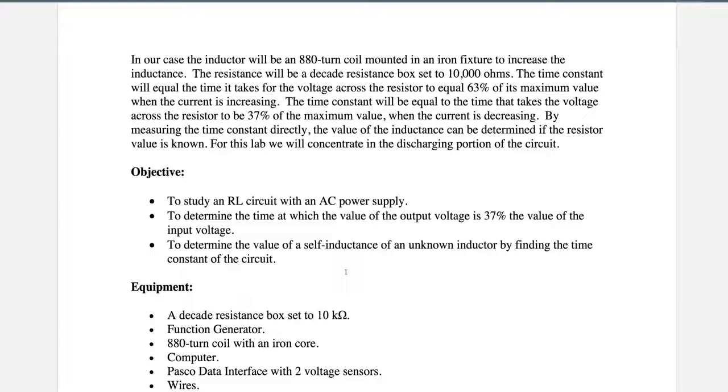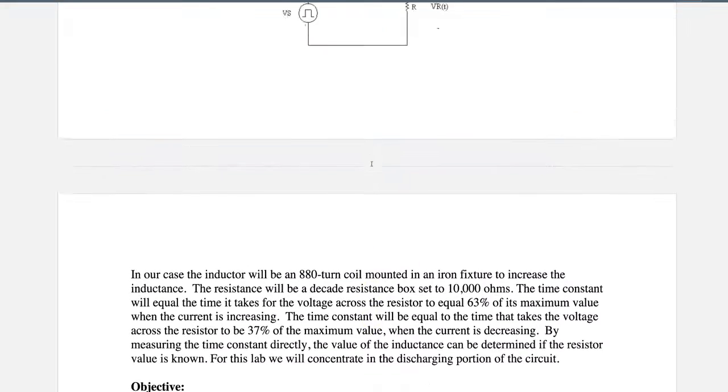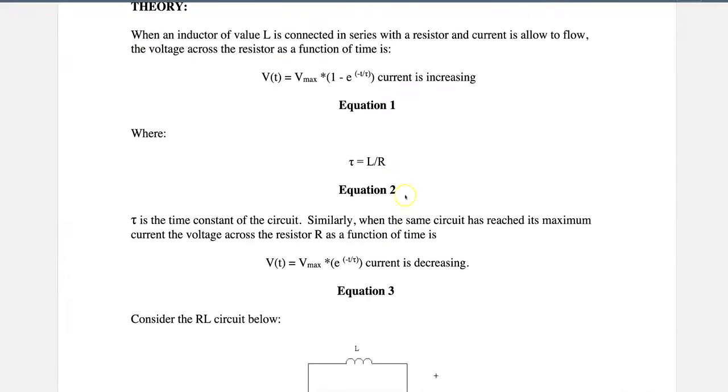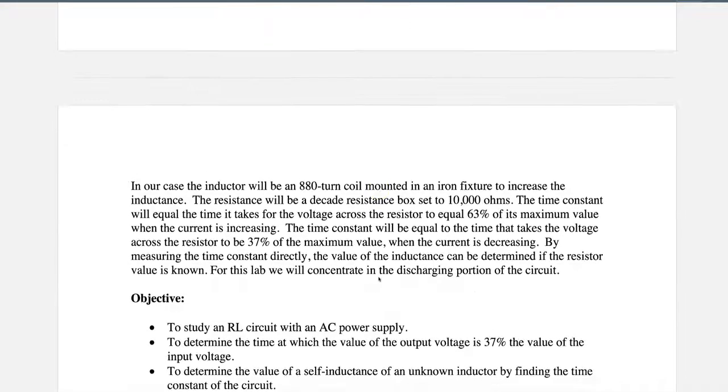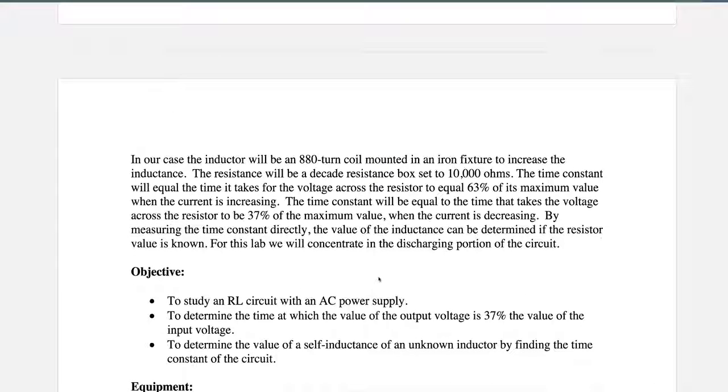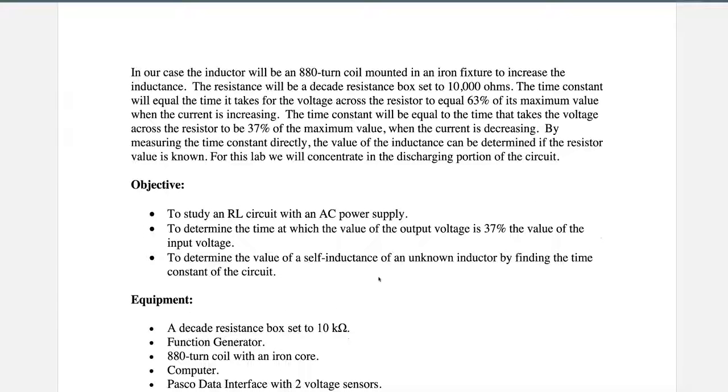We will calculate it through the discharging equation, equation 3, and determine tau, the time at which the output voltage is 37% of the input voltage.